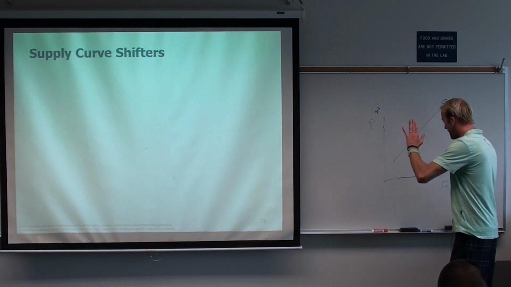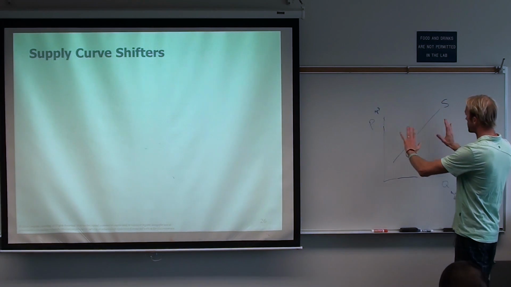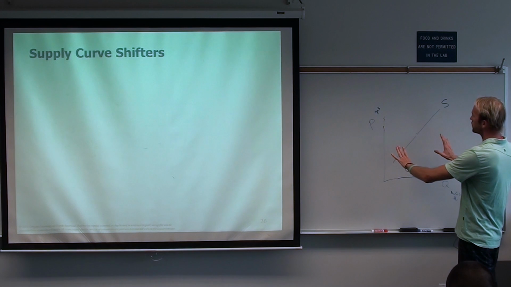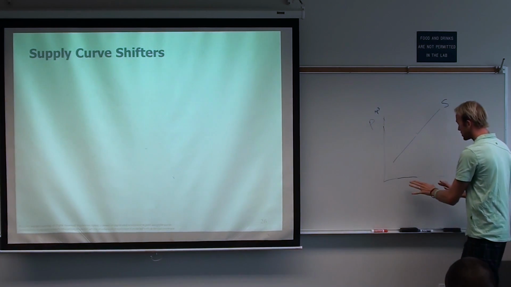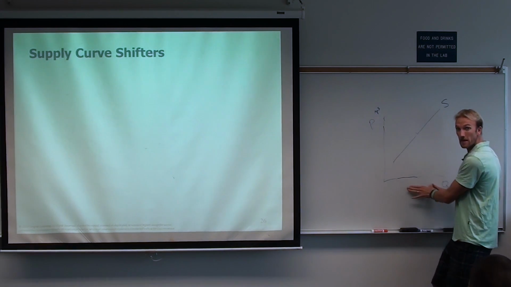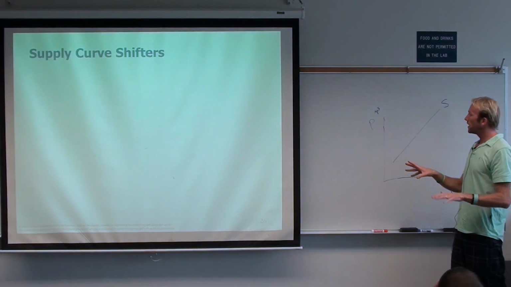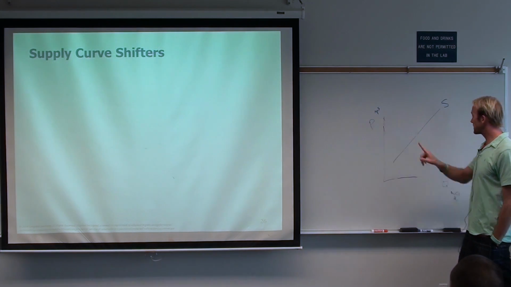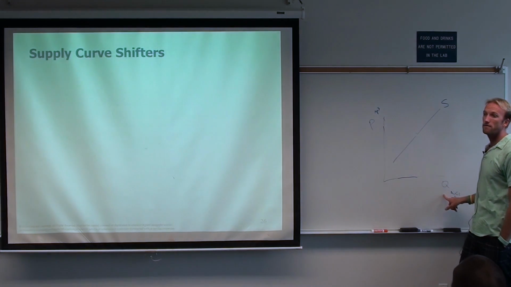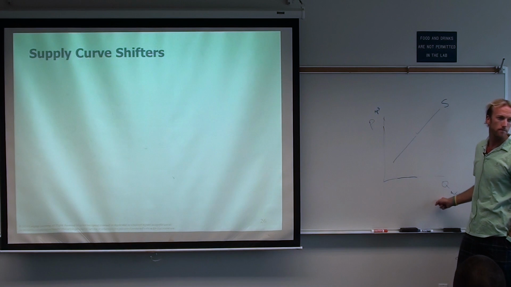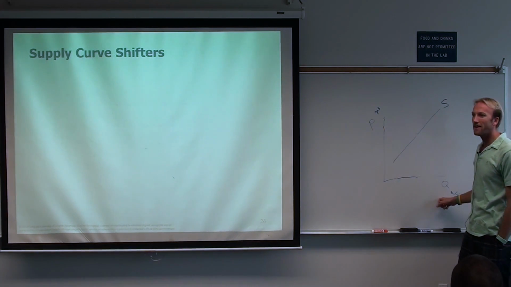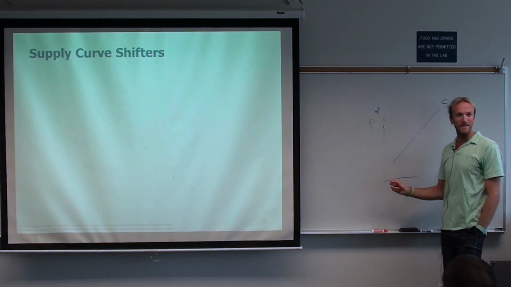So the same way as the demand curve, the supply curve shows you how price changes with quantity, ceteris paribus, all other things being equal. As the price of MP3s changes, the quantity supplied by whoever makes MP3s, Shakira or something, goes up and down.